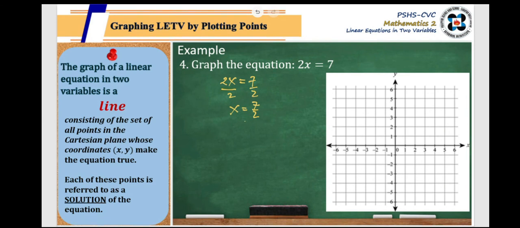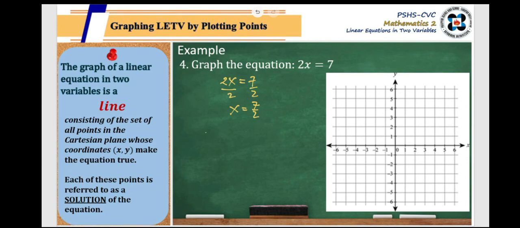In this equation, we will not be assigning values for x because the x coordinate will always be equal to 7 over 2. We will just try to identify some points whose x coordinate is 7 over 2. So we can pair it with any value for y.